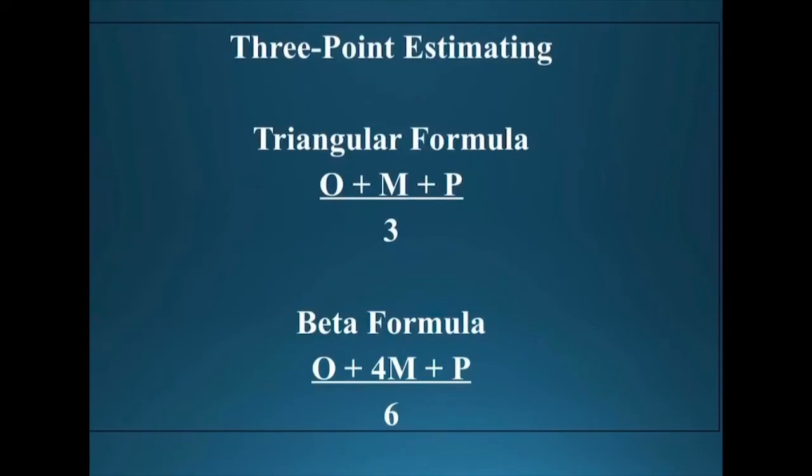Whereas the beta formula for 3-point estimating gives 4 times the weight to most likely because it's more likely to happen. They're giving it more weight so that the severity of the optimistic or the pessimistic cannot pull the estimate value too far in either direction.